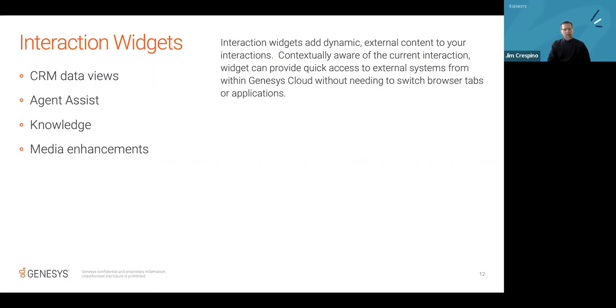Maybe you don't have to have some service technician go out because you can troubleshoot everything right there from within the Genesys UI within the interaction widget. So interaction widgets are a great tool to help aid your agents.